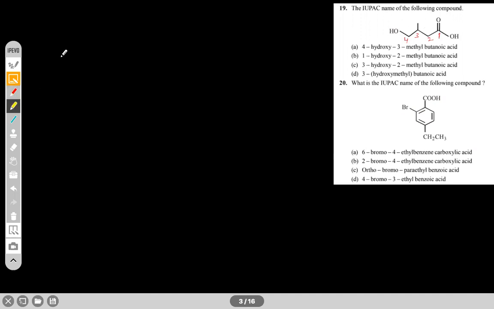The name of the 19th compound is 4-hydroxy-3-methylbutanoic acid. This is the name of this compound. So the answer for the 19th one is option A.